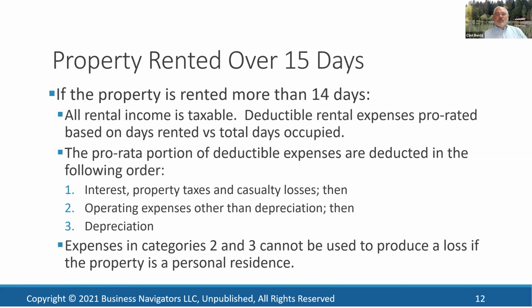So let's look at this. Is the property rented over 15 days? If you rent it more than 14 days, it's a rental, and all the rental income is taxable. The deductible expenses for operating the rental, which would include all your operating costs, are prorated based on the days you rent it out to others versus the total days it's occupied.